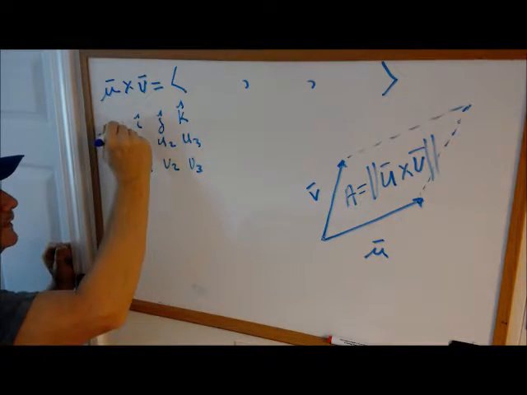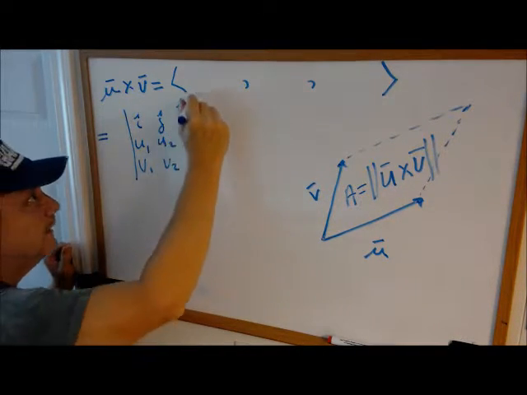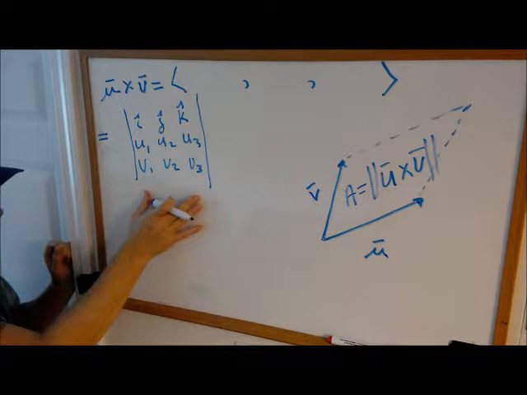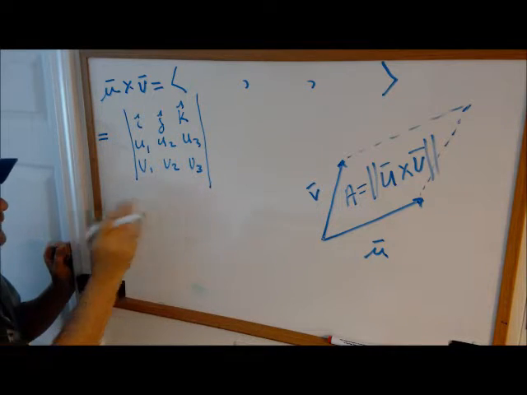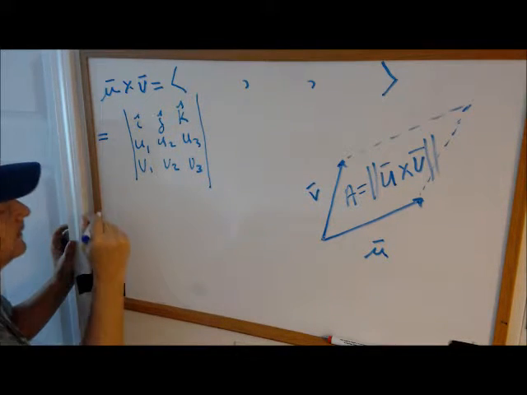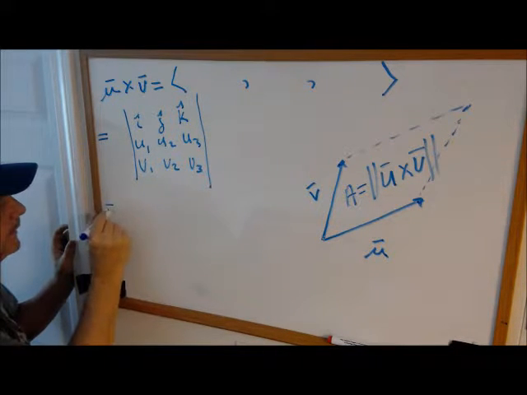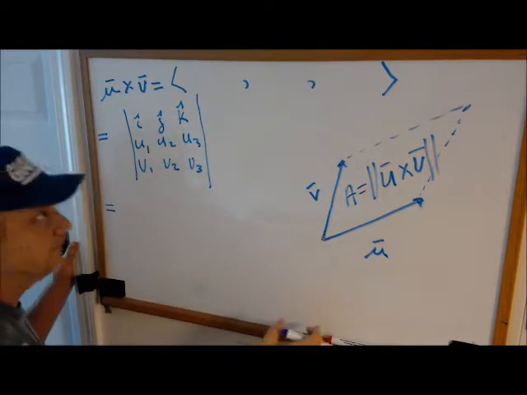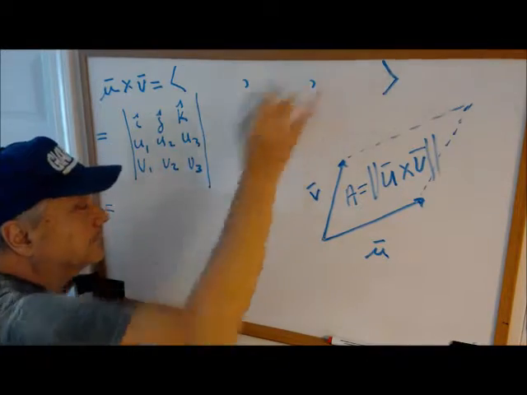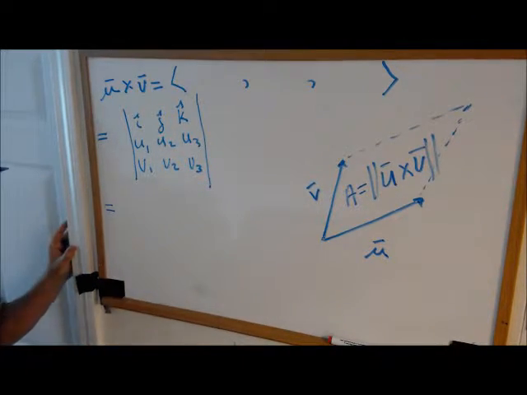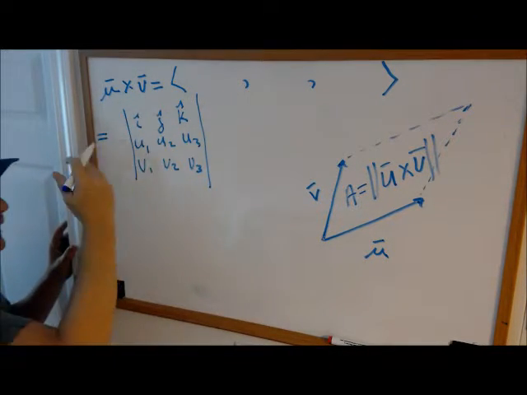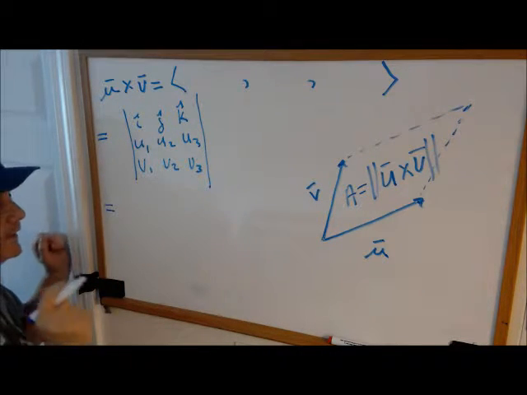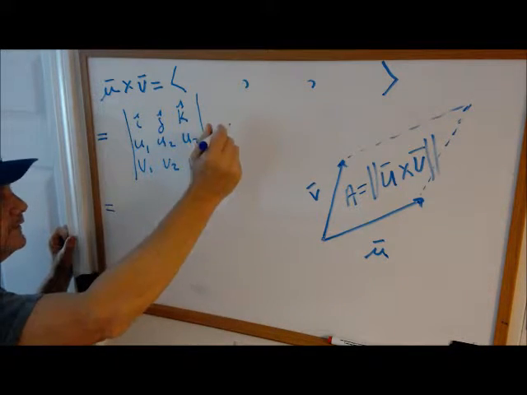Now what we're going to do is take the determinant, and vertical lines are the symbol for taking the determinant. Now, if you don't know how to do a determinant, that's okay. I'm going to show you what you need to know to get the answer, and the answer is to fill in these blanks. So we expand this 3x3 pseudo matrix across the first row.